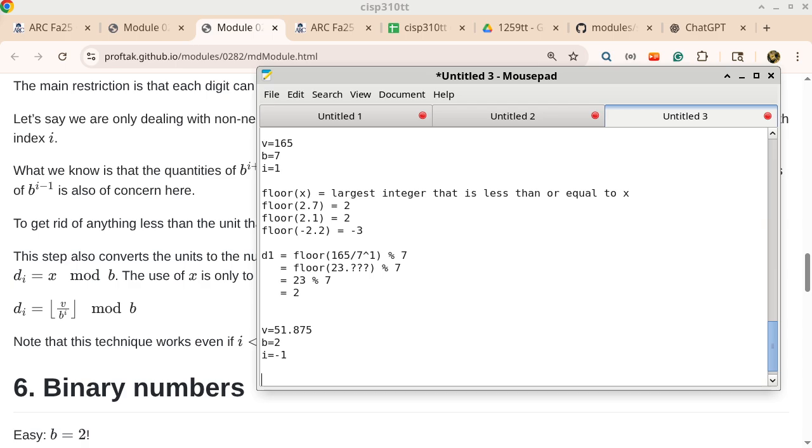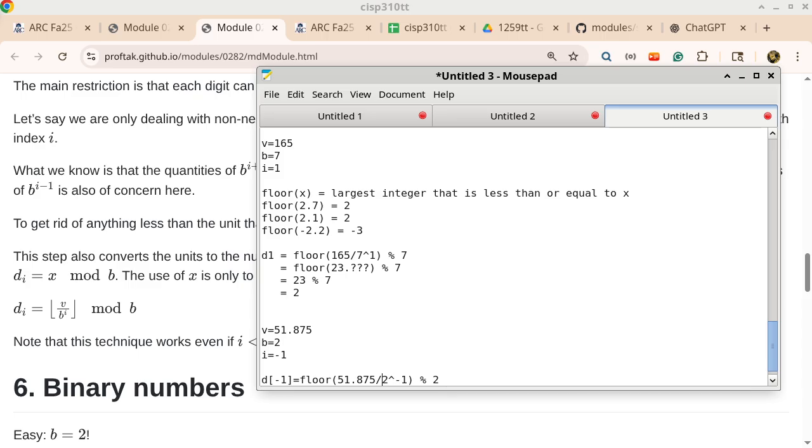All right, so let's go through the math here. D of negative 1. I'm putting negative 1 in brackets just so that it is clear that this is a subscript. And this is going to be the floor of 51.875 divided by 2 to the power of negative 1, the whole thing mod 2, because 2 is the base.